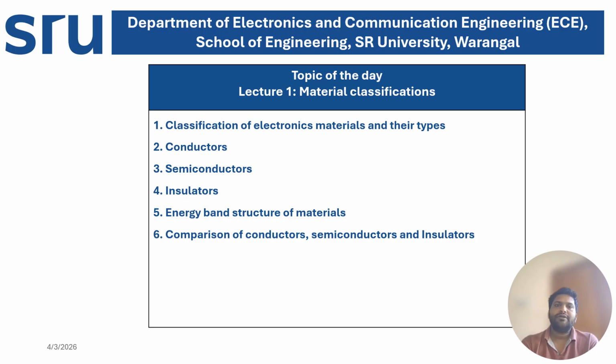Another modern type is advanced and smart materials. This includes nanomaterials, graphene, perovskite and memristor materials.